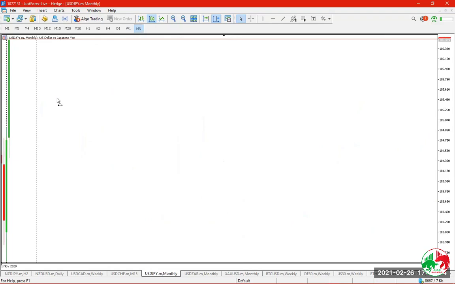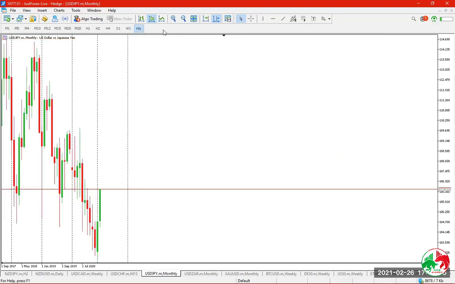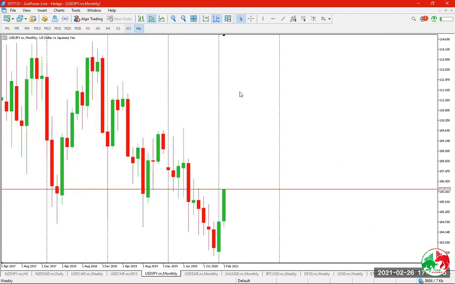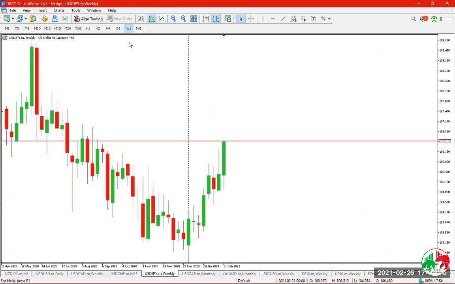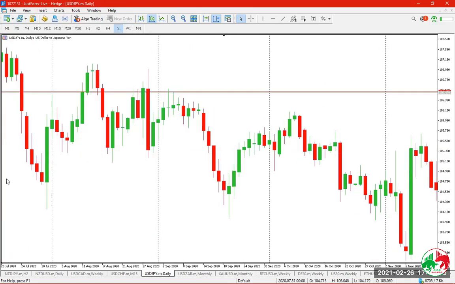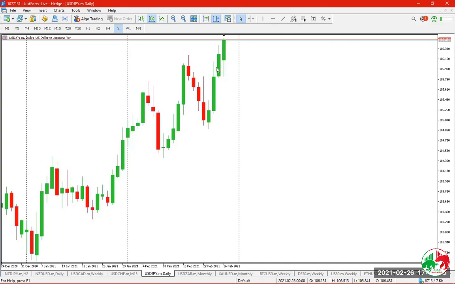Okay, so if the monthly is bullish, then the weekly is also bullish, but the previous daily candle was bearish. Like if this candle was bearish, we would simply wait for this current candle to close bullish. Because if this current candle closes bullish, then it will be aligned with these 2 time frames.